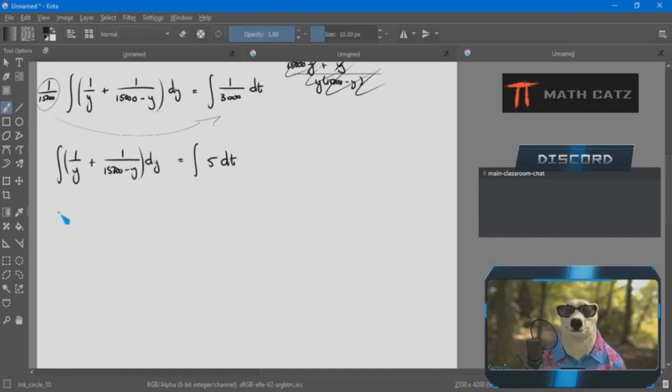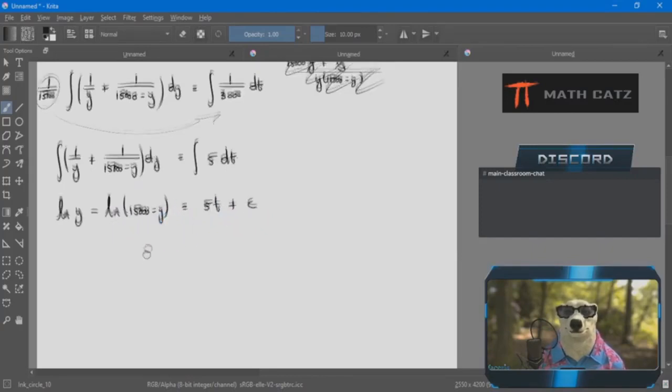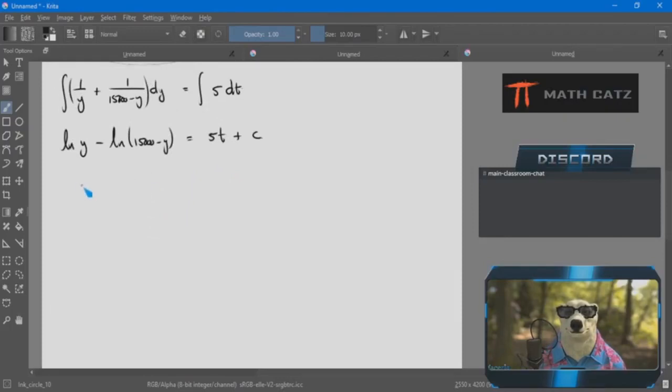Now I have my natural log of y for the antiderivative of this first 1 over y. I have my negative natural log of 15,000 minus y for this one. And I have 5t plus my integration constant. So now things are looking a little bit more familiar.